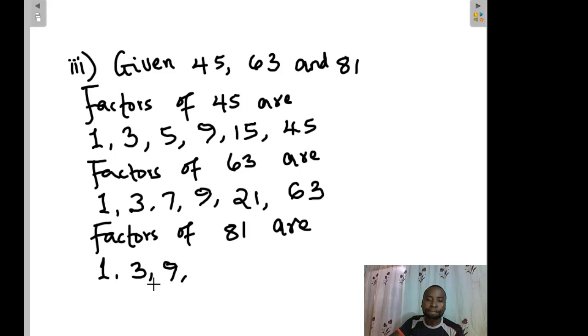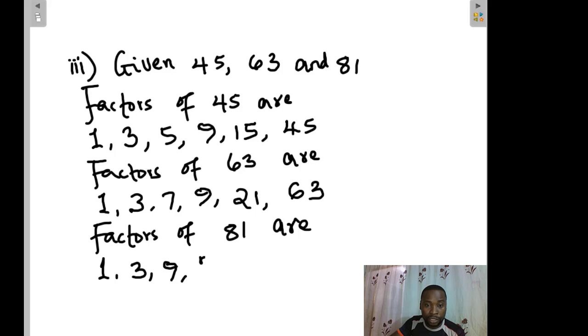All right. 9 nines is 81. That's great. So what about 10? No. 11? No. 12? You can keep checking. You discover that all these numbers cannot go into 81. They are not factors of 81. But what about 20 all the way to 27?